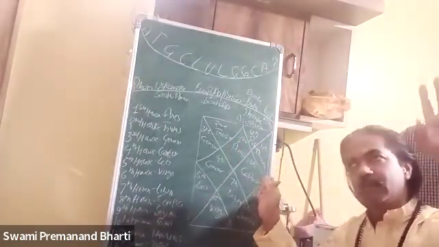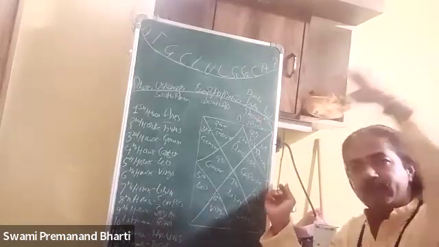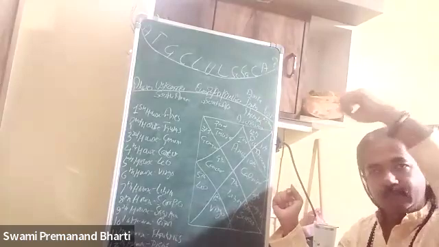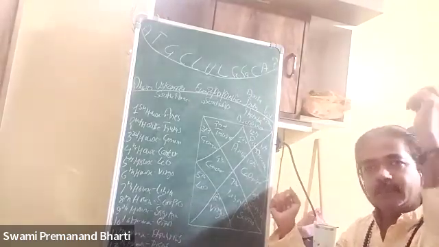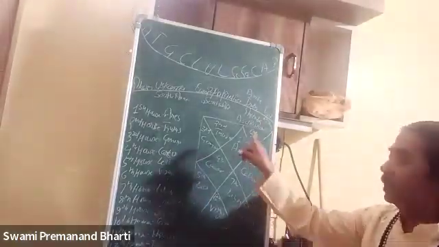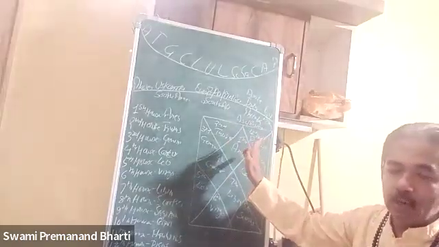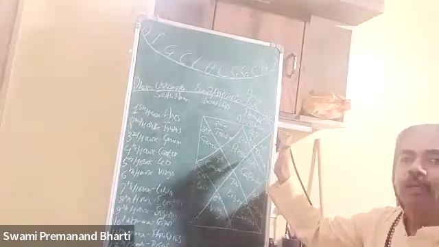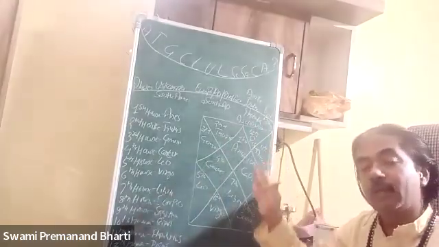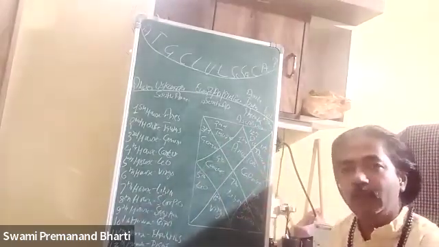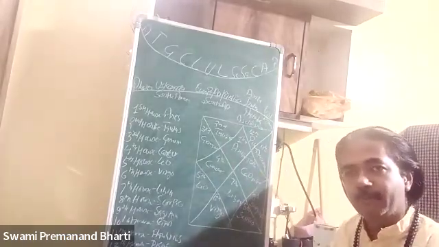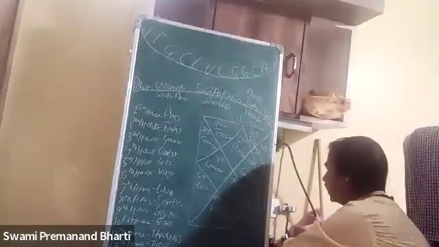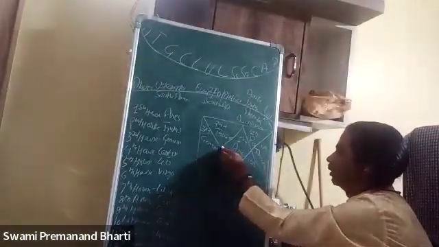Now, what is the total degree of the sky? 360 degrees, right? 360 degrees round. How many houses are there? 12 houses. 360 divided by 12 is equal to 30 degrees. So that means one house is about 30 degrees long.